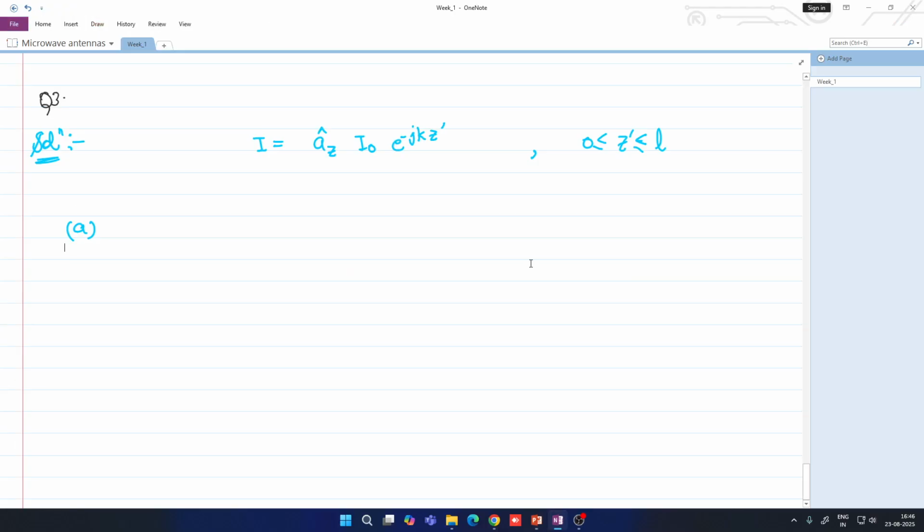In question 1 we have seen that if the source quantity is given and we want to find the radiated field, we need to first find the magnetic vector potential if the current is given. So first we will start by solving for the magnetic vector potential.